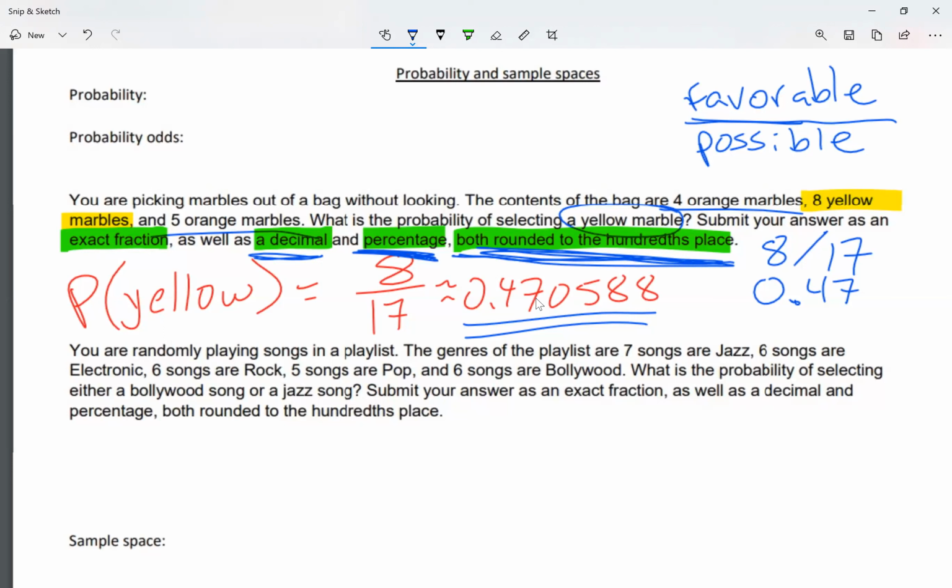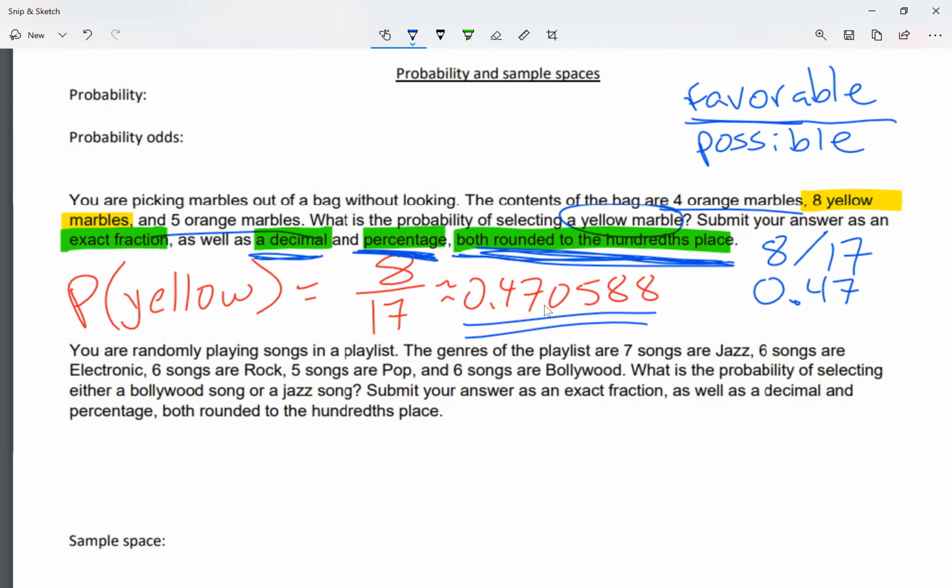This whole decimal, I'm going to multiply by 100, or just easily move the decimal 2 places to the right. So as a percentage, I'm looking at 47 point something. Now I have to round it to the nearest hundredths, so 2 decimal places.